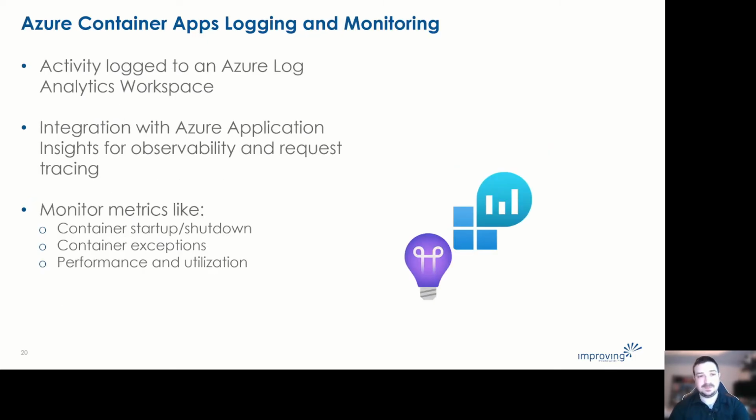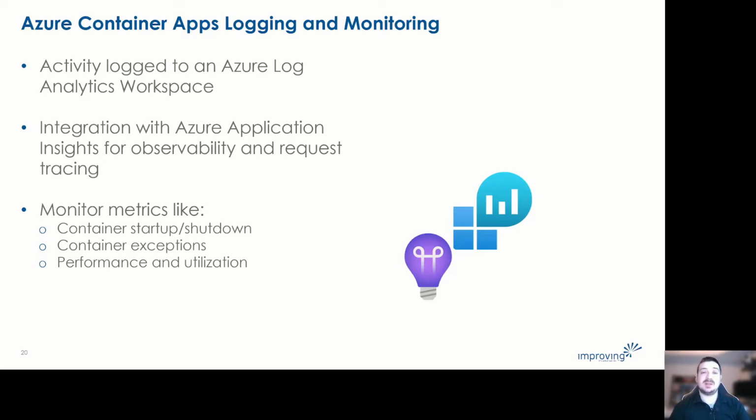I've mentioned a couple times logging and monitoring. The activity within Azure Container Apps, including container logs, are logged to an Azure Log Analytics workspace. It also natively integrates with App Insights for that observability and request tracing. So some of the metrics that get stored into the log analytics: container startup, shutdown.